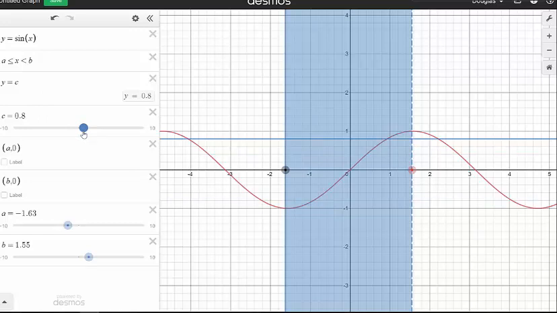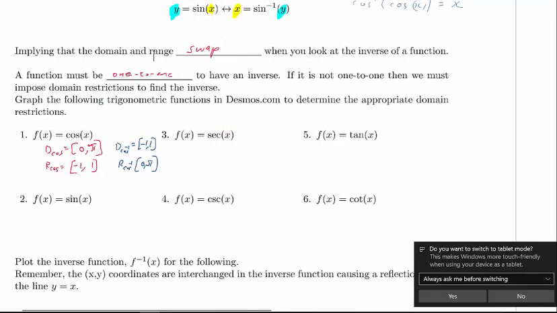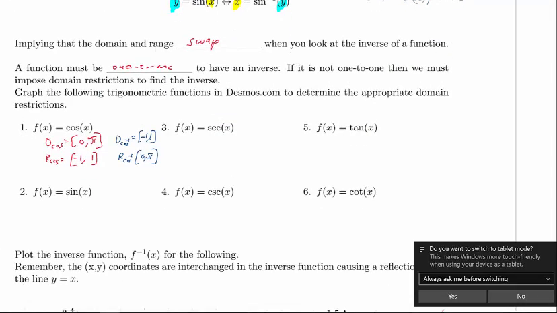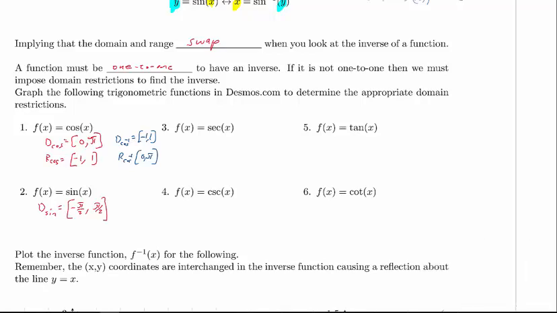Alright, so this is effectively going from -pi/2 to +pi/2. Alright, so again, our domain for sine is -pi/2 to +pi/2. And the range is still -1 to 1.